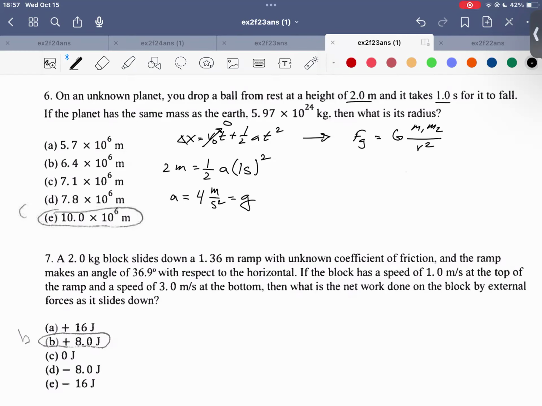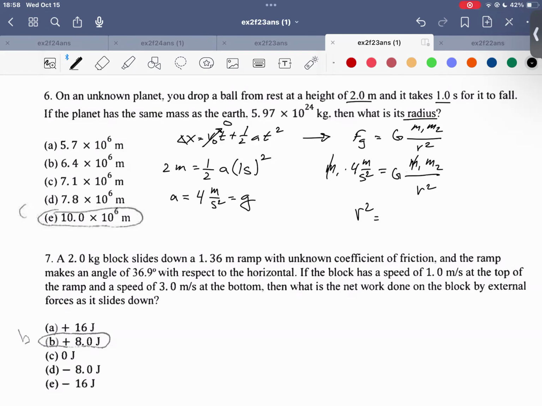And so we can plug this back into here, right? And so we get mass 1 times 4 meters per second squared is equal to G m1 m2 over r squared. We cancel these two, and since we're solving for radius, let's move the 4 meters per second squared to the other side and move radius to this side.